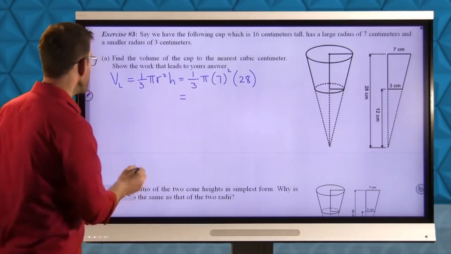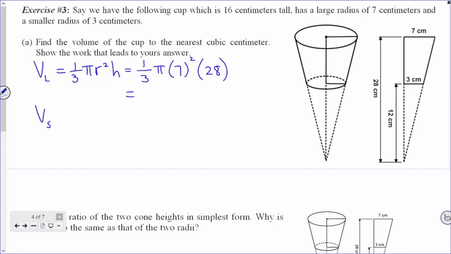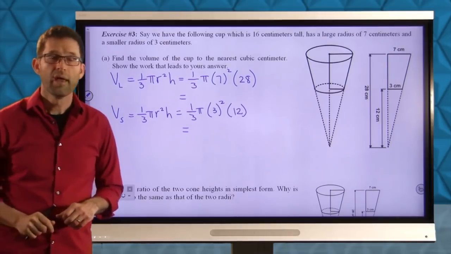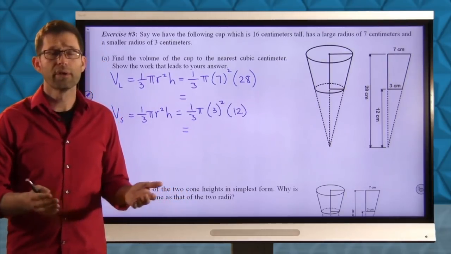We'll get the answer to that in a moment. The volume of the smaller cone will be 1/3 pi r squared h. And I would encourage you to keep writing that formula down every time you use it, simply because it's going to make it easier to substitute in the numbers, right? So that's also going to be some messy number. And again, putting these into your calculator is what it is.